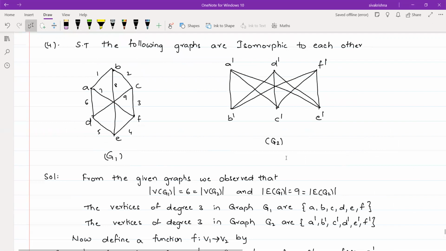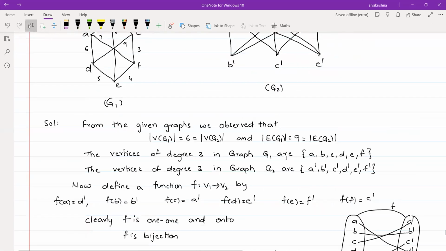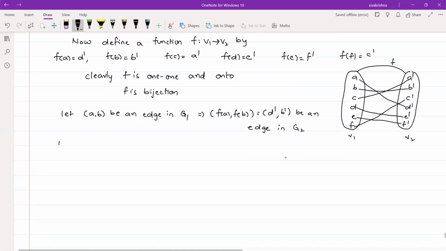After (A, B), now we select (B, C). Let (B, C) be an edge in graph 1. This implies (F(B), F(C)) must be an edge in graph 2.